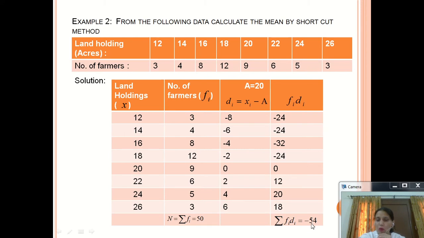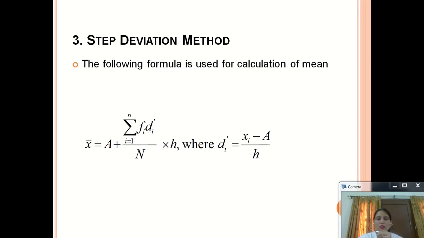Now put all these values in the formula of shortcut method. A we have assumed 20, summation fi di is minus 54, N is 50. So this is the average value of land holding.